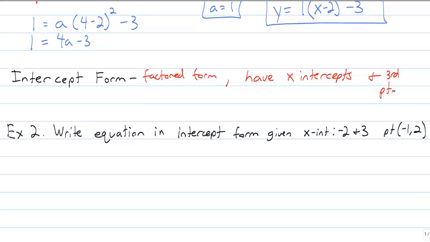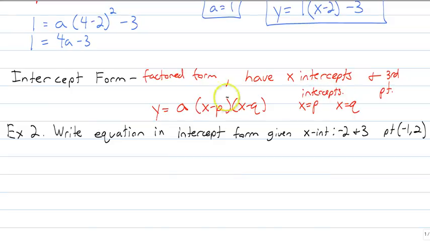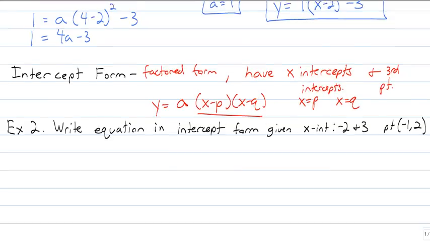This form is, again, like factored form: y equals a, some number out here, we don't know what that is yet, times x minus p, times x minus q, where your intercepts are x equals p and x equals q. Again, this looks like it's factored.